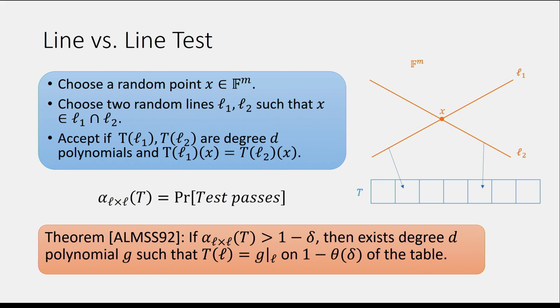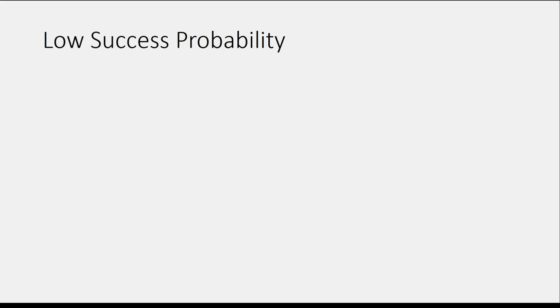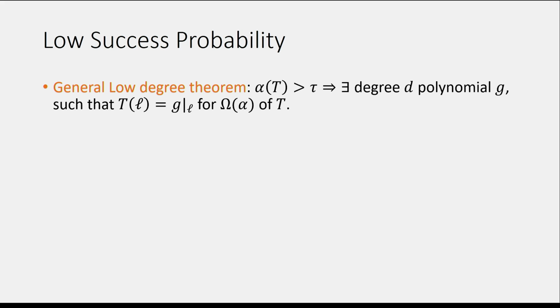In many cases, if we want to have a low soundness PCP, what we want is a low degree test that does not succeed only with probability 1 minus delta, but actually we want a test that also succeeds when this alpha is almost 0. So in this case, we can't expect to have a single polynomial that is close to all the tables.